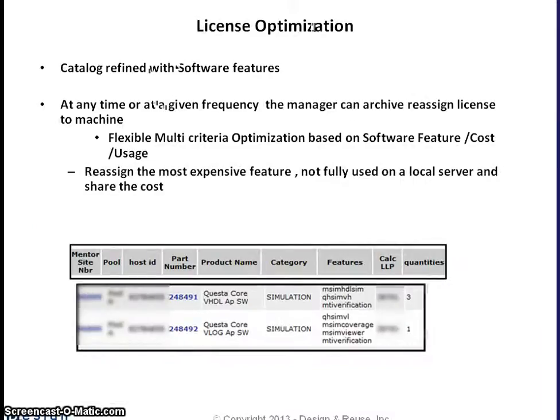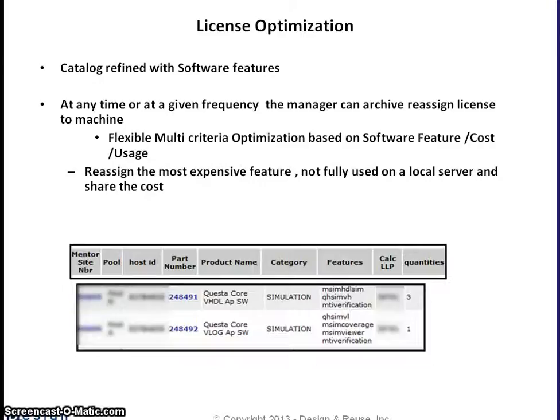More tricky, sometimes you have catalog feature, product feature. So it's not so difficult in DNR technology to refine a catalog to enumerate which software feature you have. Mentor is an excellent example. You have a product called the Questa Core VHDL and so on. It's a simulation, and you list immediately the feature you have to license.